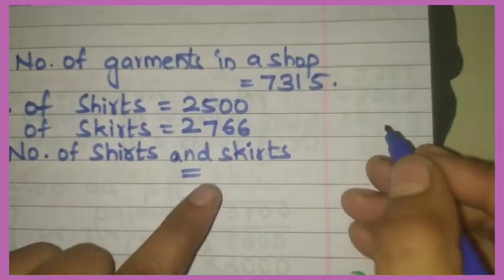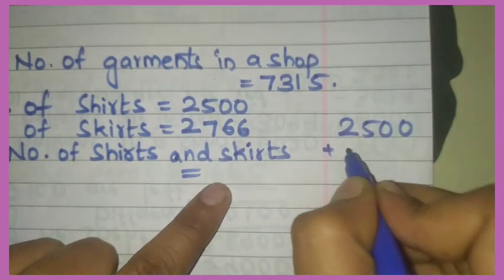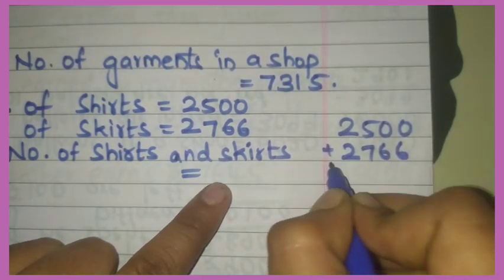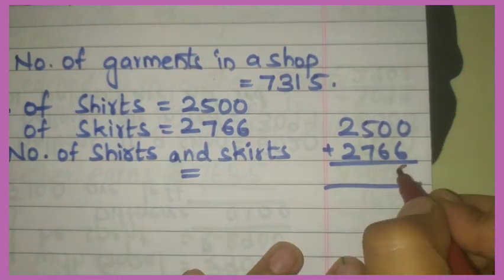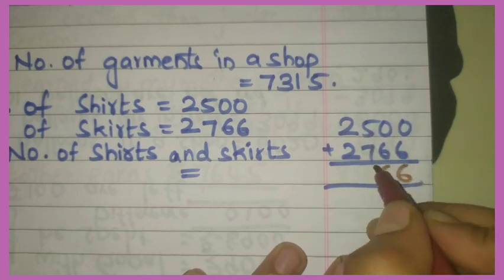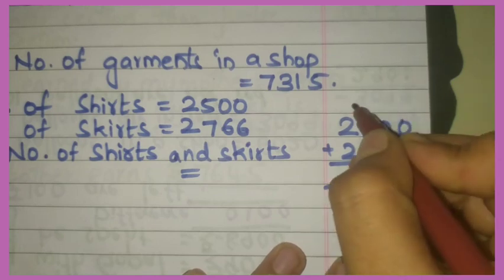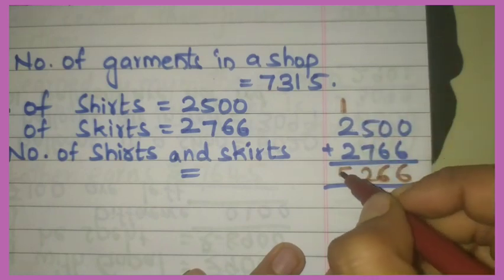Add these two, we will get answer. 2500 plus 2766. 0 plus 6, 6. 0 plus 6, 6. 5 plus 7 is 12. 2 here, 1 taken as carry. 1 plus 2, 3. 3 plus 2, 5.